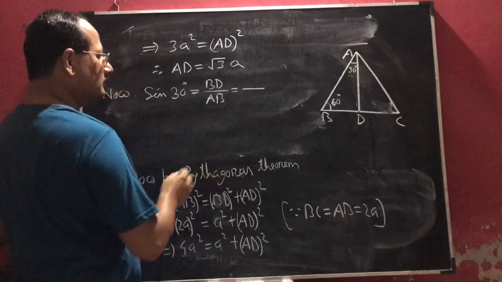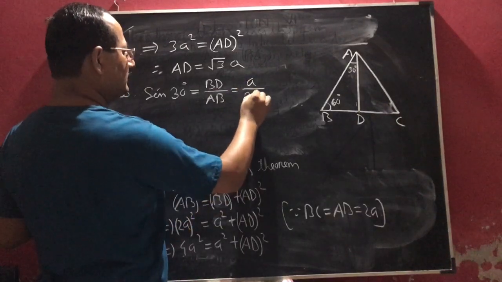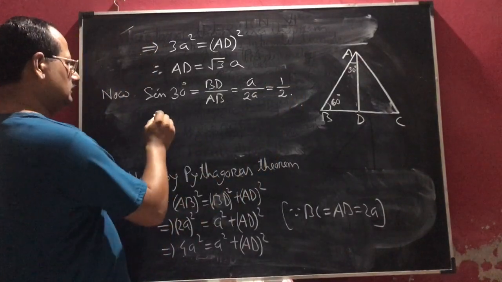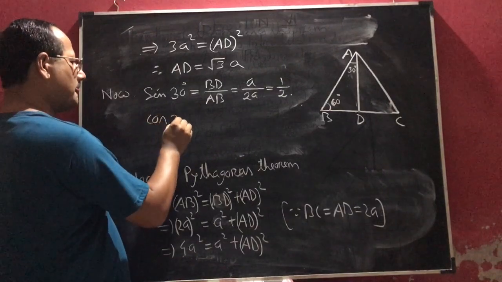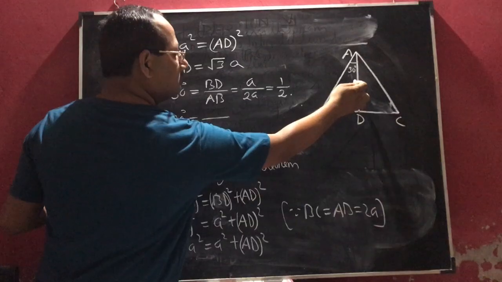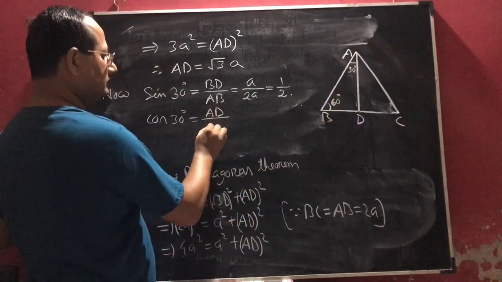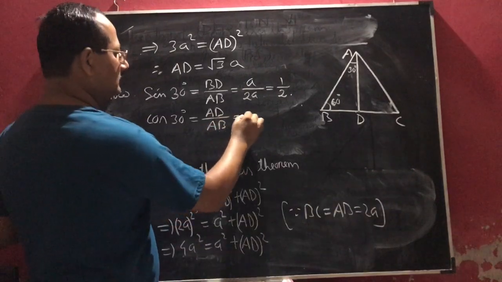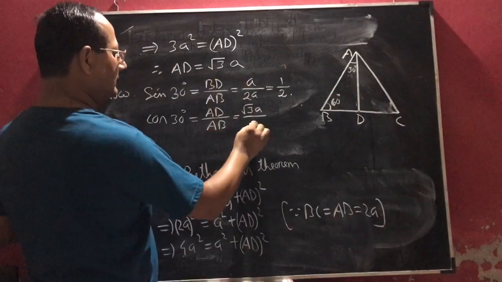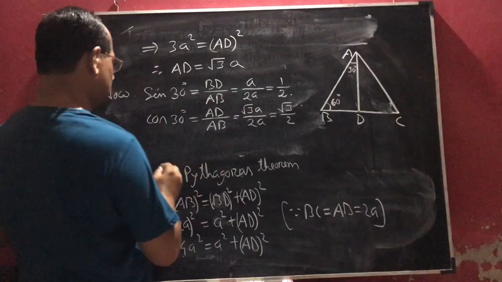BD is a and AB is twice a, that is equal to 1 by 2. Cos 30 degree is adjacent side by hypotenuse, AD by AB, that is root 3 a by twice a, that is root 3 by 2.